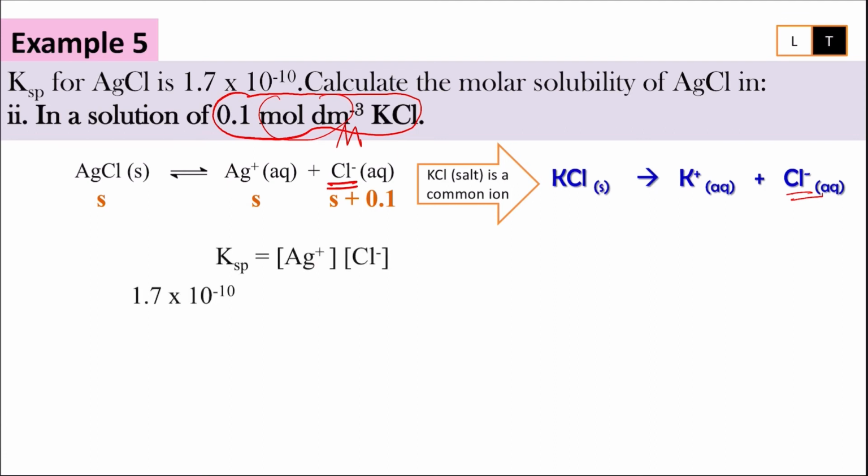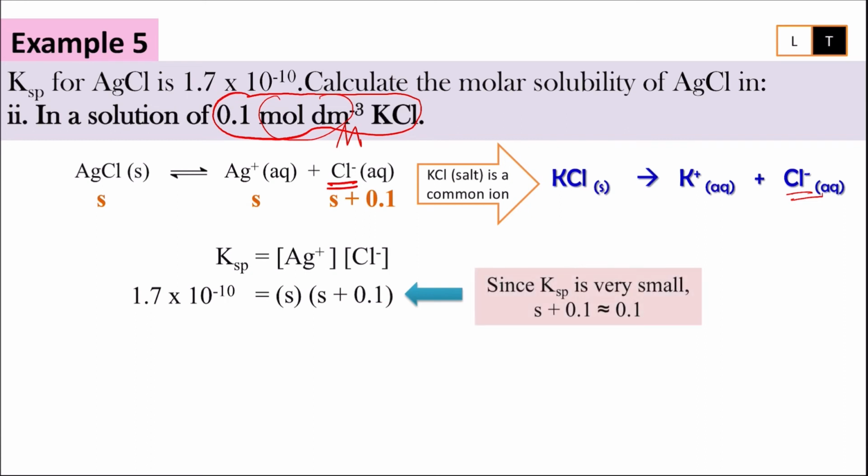Masukkan value dengan cara calculation yang sama macam example sebelum ni. Awak akan dapat this value. So, this value, kalau lihat, S plus 0.1. So, since KSP is a very small, because we have the value exponent negative 10, very small, kita akan assume this expression S plus 0.1 sebagai 0.1.